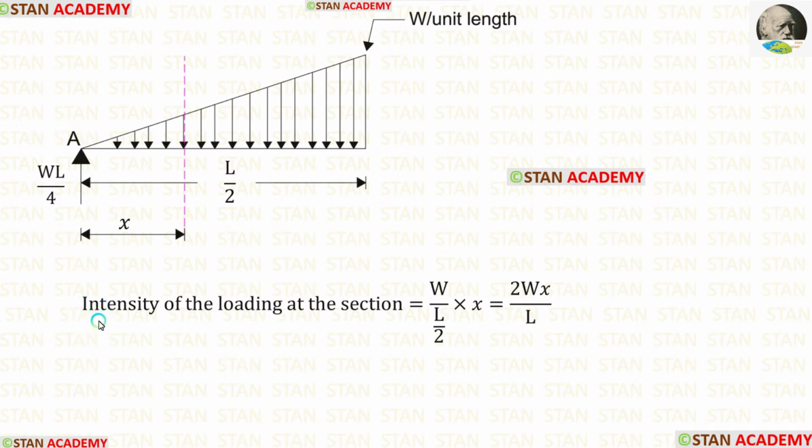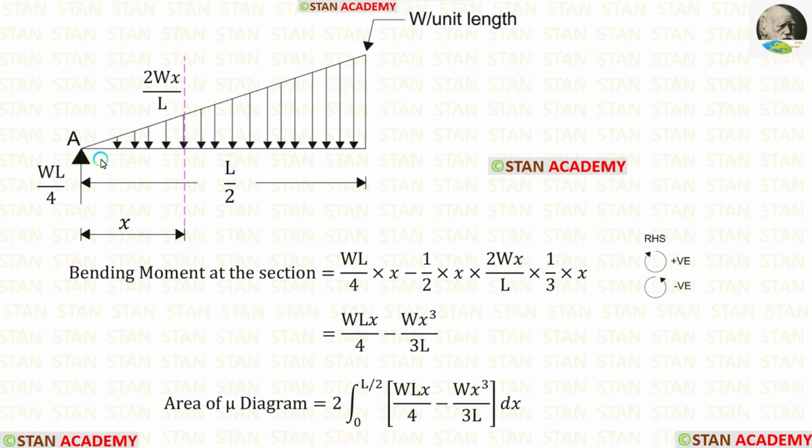First of all, we have to find the intensity of the loading at the section. That means this height. For the distance L upon 2, the height is W. But I need the height at the distance of x. So we have to multiply with x. When we do so, we are getting 2wx upon L.